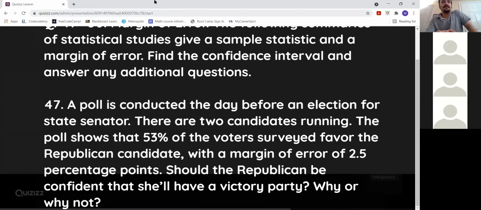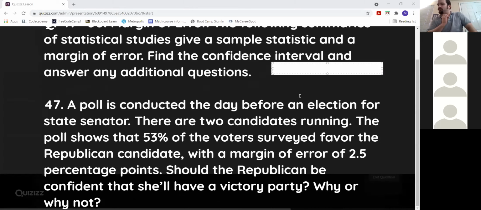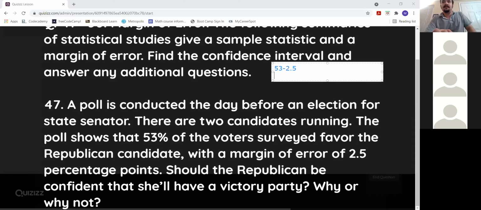So they want us to find the confidence interval. What is my margin of error for this thing? How do I figure it out? Isn't it the number it gives you and then minus the margin of error? So 53 minus 2.5, I think is what I'm doing. And then you also want to add it? Yeah, we want to subtract it and we want to add it. This goes back to that same first page.